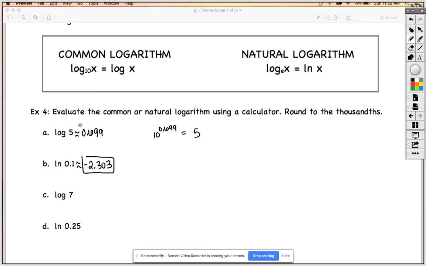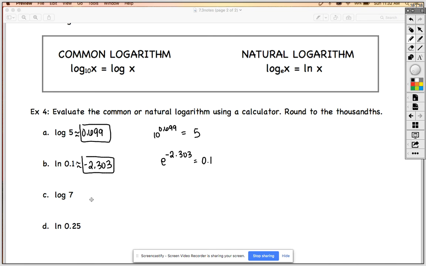Okay. So what this one is really saying, remember, natural logs have a base of e. So if I did e to the negative 2.303 power, I would get something very, very close to 0.1. You can always check it.